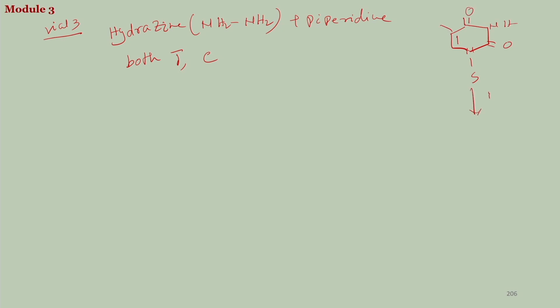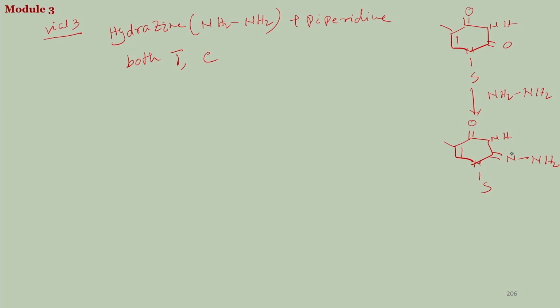If you treat hydrazine with a carbonyl compound, it will give you hydrazones. There will be condensation reactions here or here. I will take the example of this. So, here it will form this kind of condensed product.